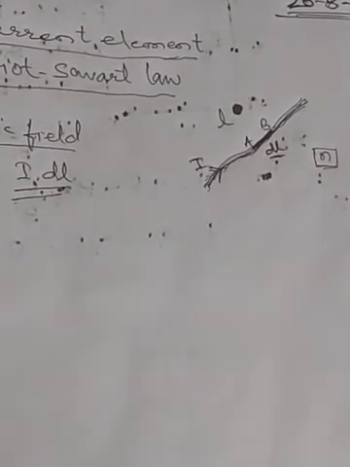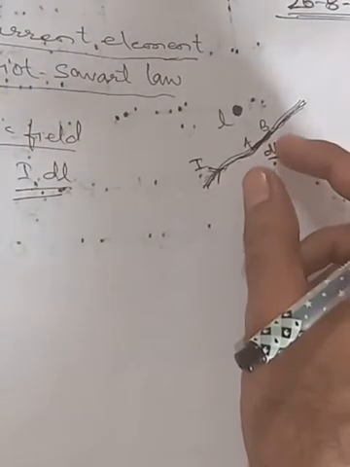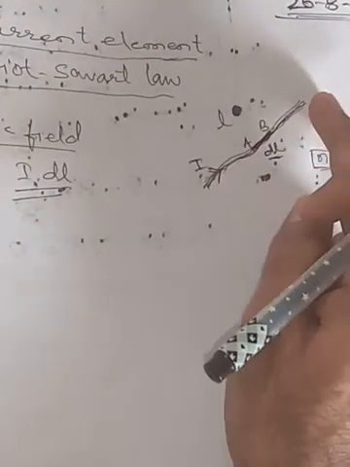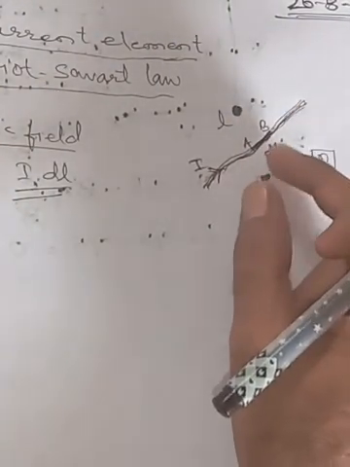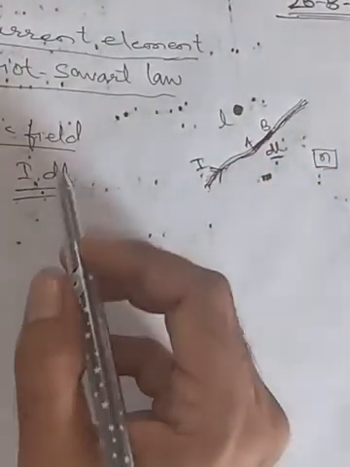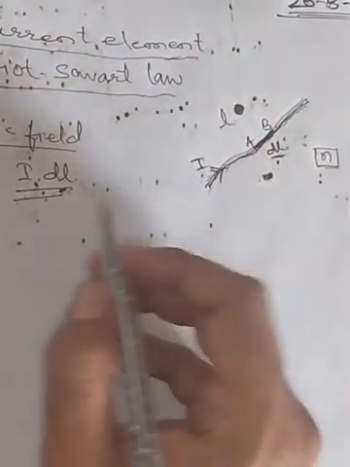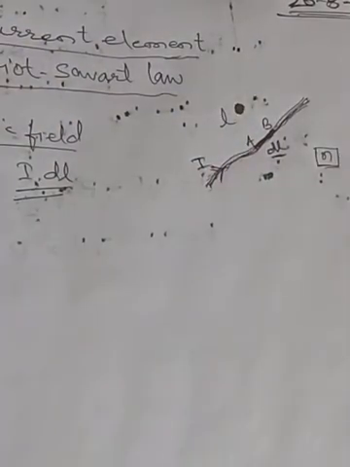Current element is nothing but an infinitesimally small portion of current carrying conducting wire. The consideration here is that in a small piece, the same amount of current will flow, and that element is called the current element, given by I into dl, where I indicates the total current flowing through the wire and dl indicates the small length.